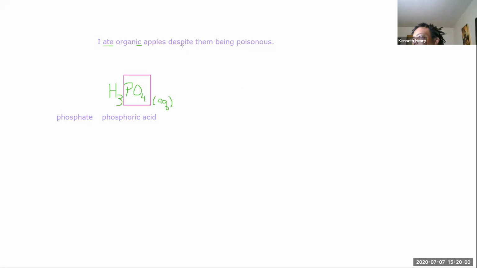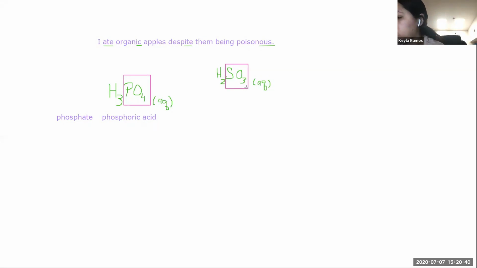Well, despite: ITE, I'm going to substitute with OUS, and I'm going to put acid at the end. So if I have SO3, what is that called?